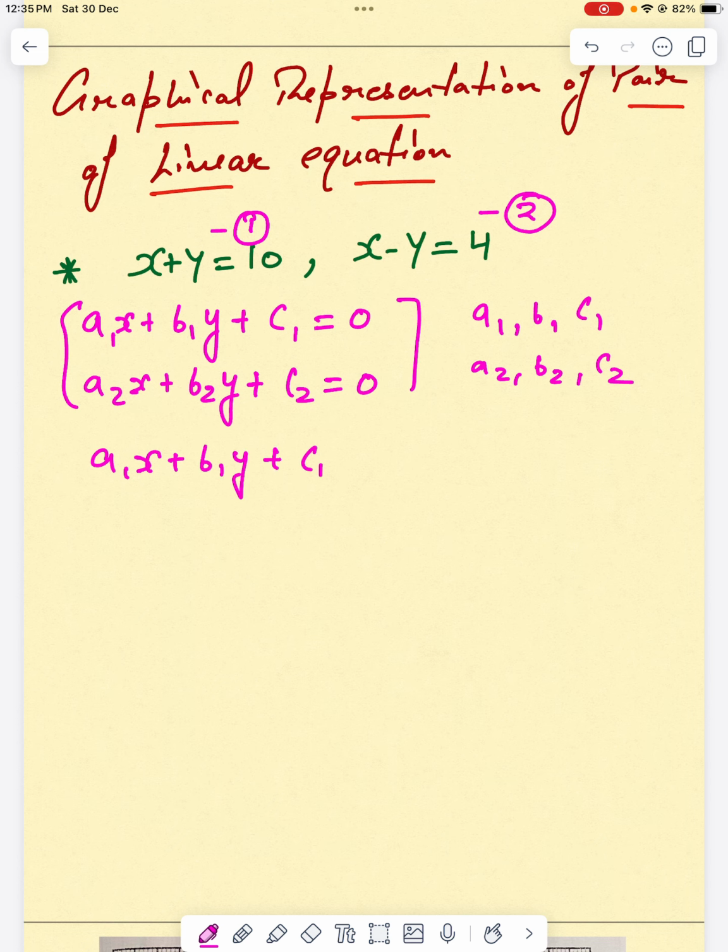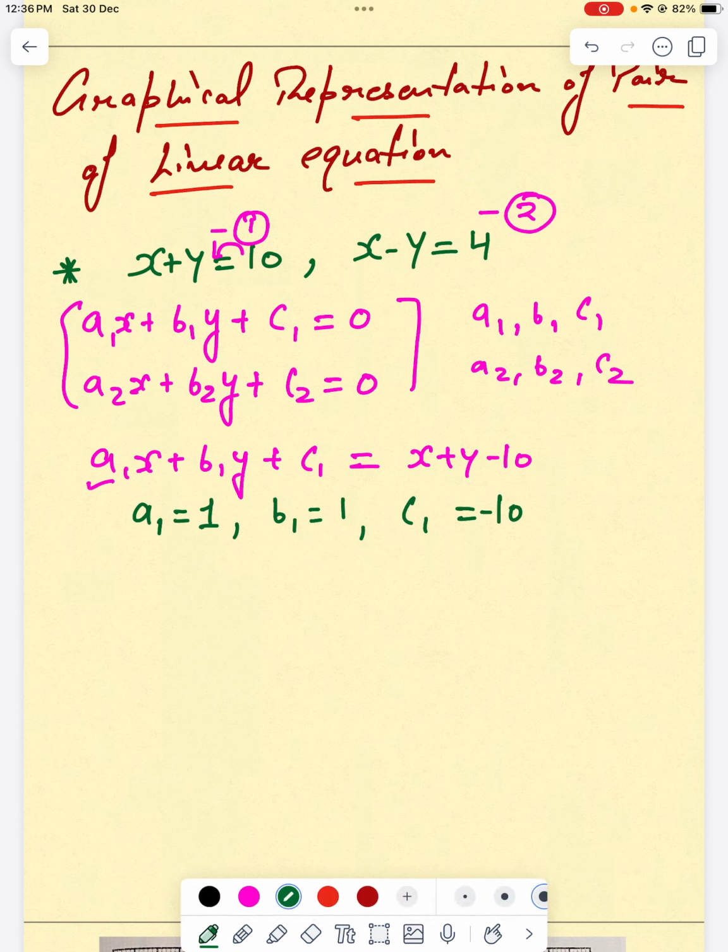We have also done it in polynomials. Compare with minus 10, because I have taken it to the right-hand side, that's why I put a negative sign in front of 10. So what is the value of a1? a1 will be 1 and b1 is also 1 and c1 will be minus 10, right?